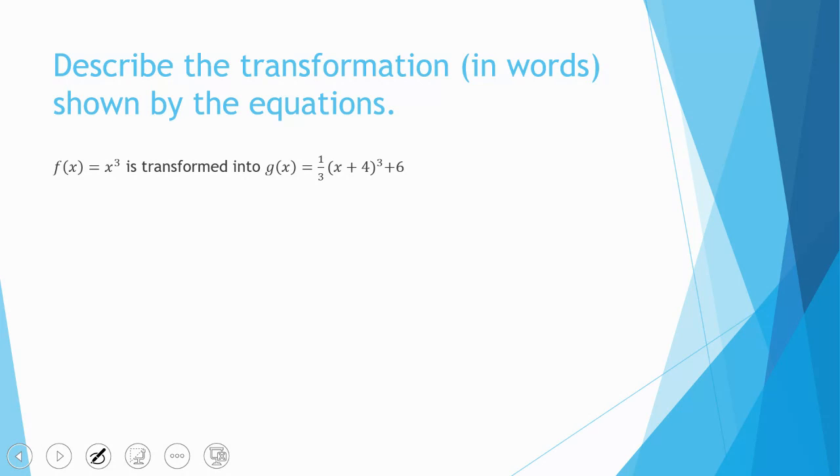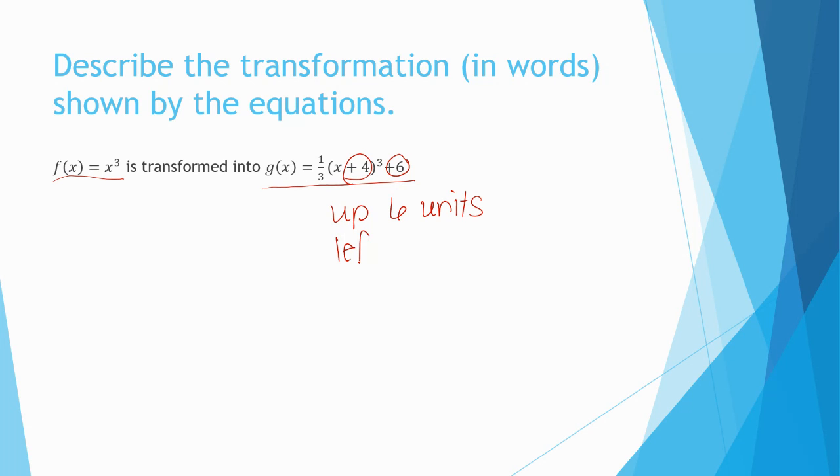We've got one more here. We've got an x cubed this time. So we're starting out with a cubic and we are doing a whole bunch of stuff to it, okay? We're adding 6 outside, which means that we have moved the graph up 6 units. We are adding 4 inside, which means we've moved the graph left 4 units.